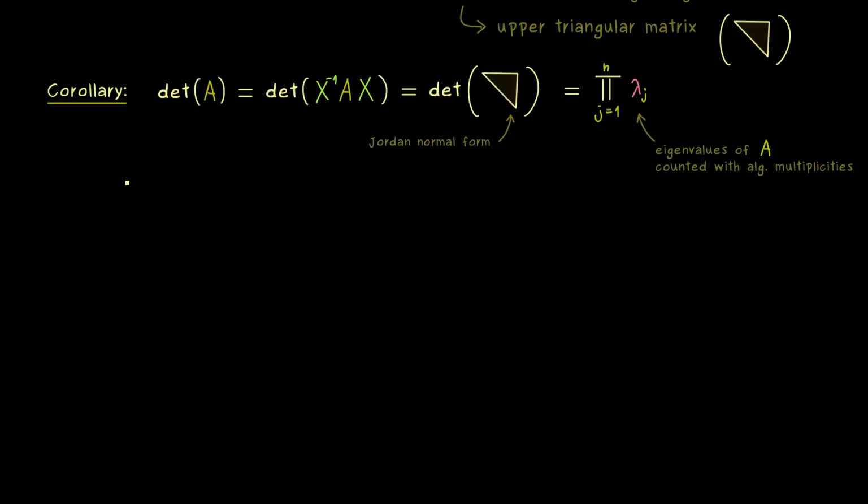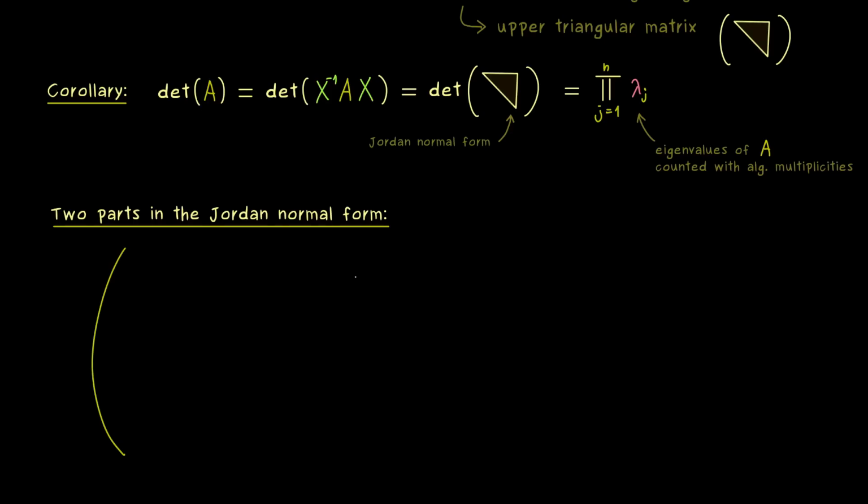However, this trace is something for another video, because here I first want to show you more about the Jordan normal form. In fact, we already know that such a Jordan normal form can be split into two parts. We have a diagonal matrix and a so-called nilpotent matrix. To see this, let's look at an example where we have two Jordan blocks.